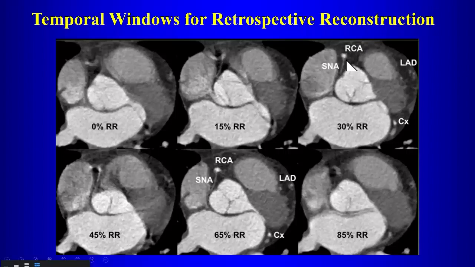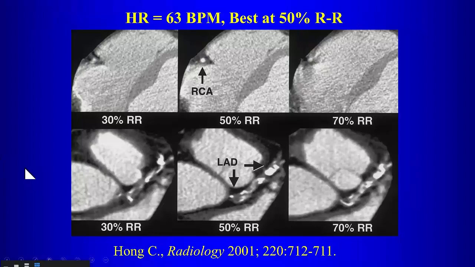So if you have these different phases available, it's a good idea, if you don't get ideal images in the phase that you're initially looking at, to go back and look at other phases, especially for the right coronary artery, to see if reconstructing in other phases gives you better images.